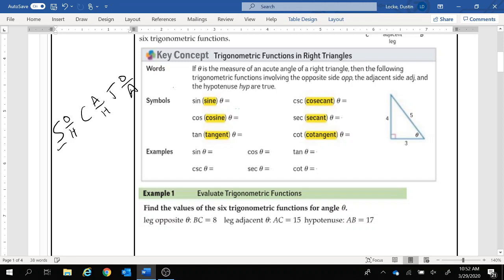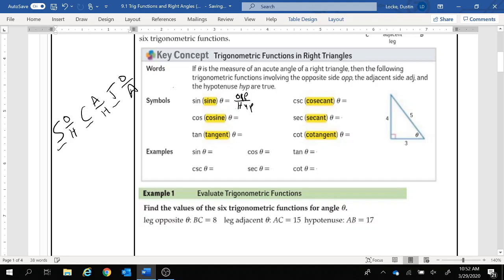So sine is the one with S, cosine is the one with C, tangent is the one with the T. So when we write out our actual rules here, we'll write out opposite, or I'm going to do OPP over hypotenuse.